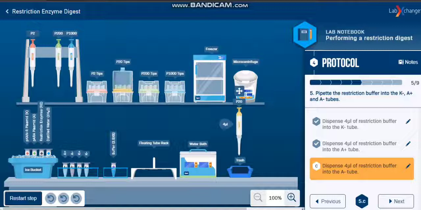And last, dispense 4 uL of reaction buffer into the A minus tube.